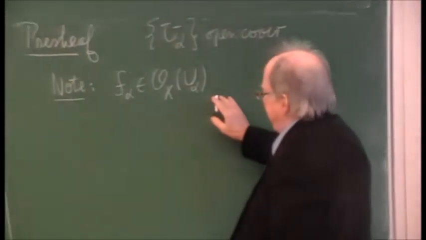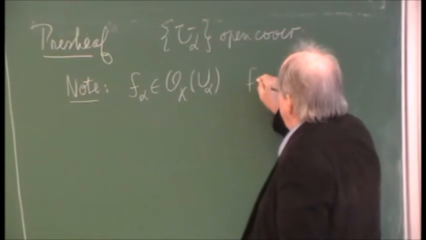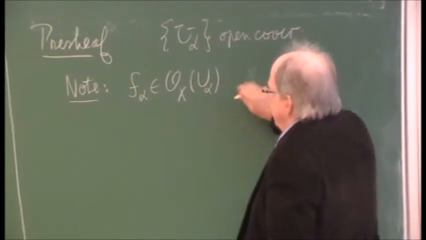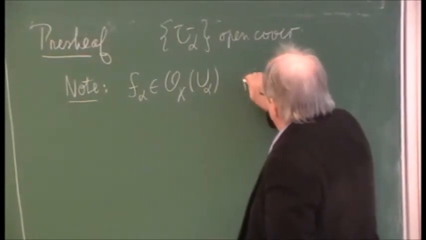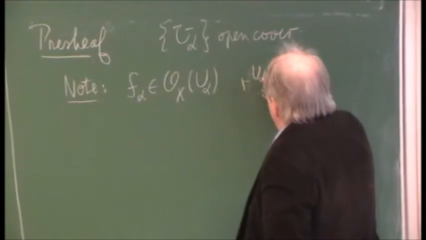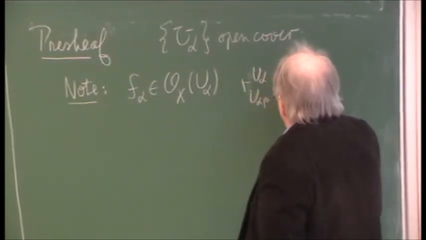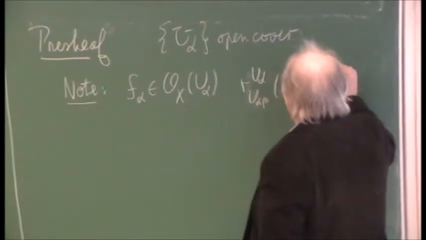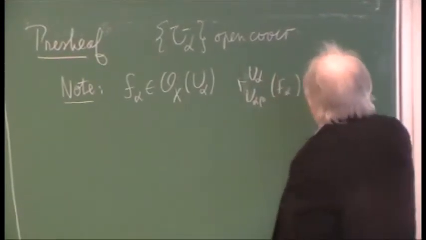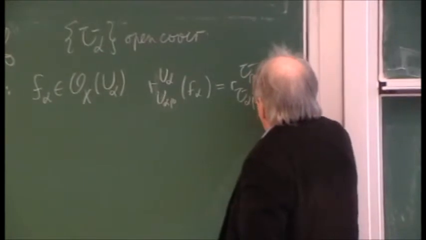You have a bunch of f alphas with the property that the restriction from U alpha to U alpha intersect beta of f alpha equals the restriction from U beta to U alpha beta of f beta.